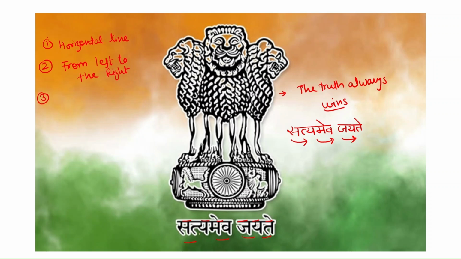Third, the sentence is Satya Mev Jayate. You see there is a ta here, in Jayate, and also a ta here. I will not go into detail, but this is half ta and this is full ta.